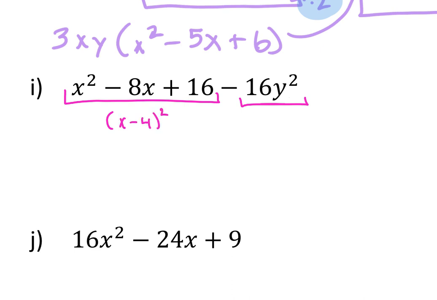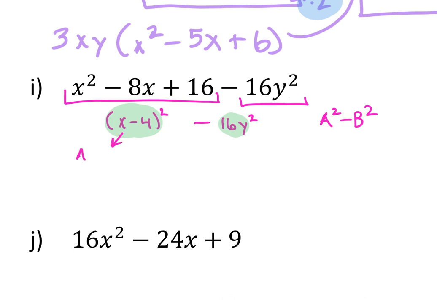So that factors into x minus 4 squared. The second one that's individual, just leave it by itself, because what we end up with is a perfect square minus a perfect square, which gives us a squared minus b squared.